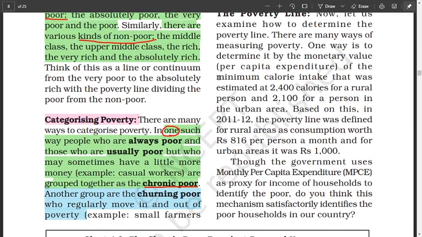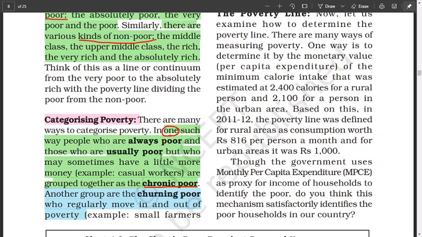So what we need to look at is the poor side because our topic is poverty. If you categorize this poverty on the poor side, you will find there are people who are always poor, and also there are those who are usually poor. Always poor, no matter what.